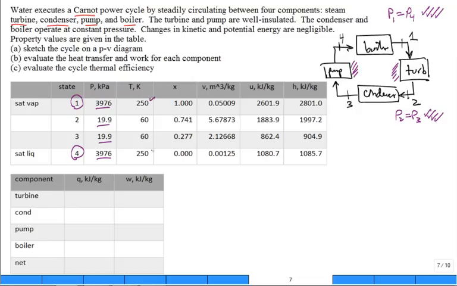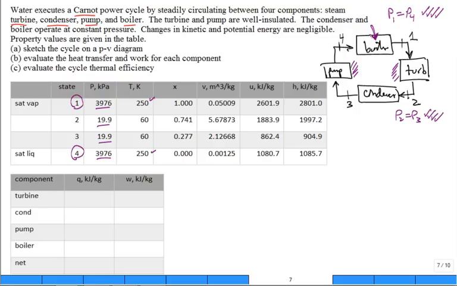What about the temperature? 250, 250. So T1 and T4 have the same temperature, but you're adding heat. How did that happen? How do you have heat added and yet the temperature doesn't go up?